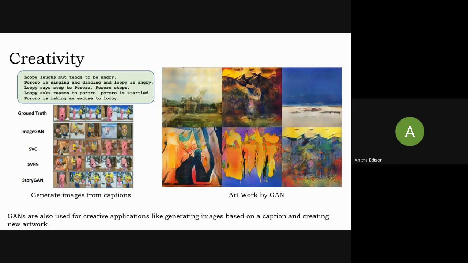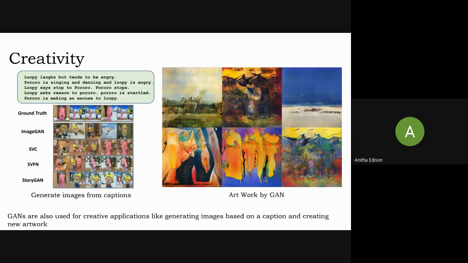It will recognize what is happening in the video and generate a text. But creativity is when I'm giving a text, I'm giving a story, and the GAN will be generating some images based on that, or a cartoon based on that particular story.